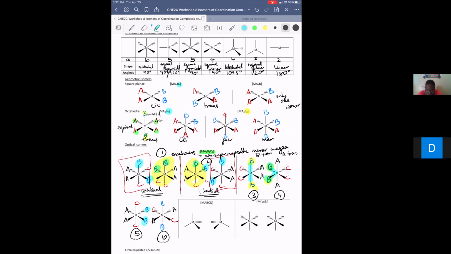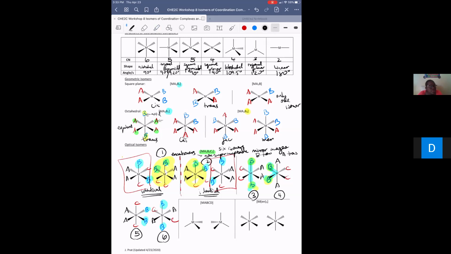And then I had an option where my B ligands were trans, and that occurred twice, right? So I pick one pair of ligands that are identical, and make all of the different deviations from that one pair of geometric isomers. It's easier to find the isomers. So we have a total of 6 isomers here.